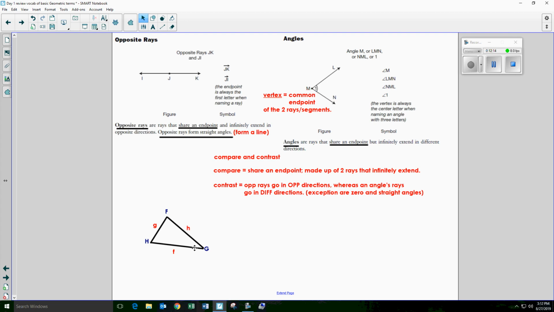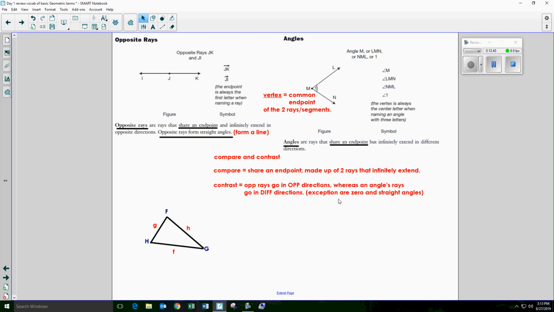This side is opposite this angle, it's called lowercase f because it's opposite capital F. Now, why is this little f associated with this angle? Because if I draw this angle right here, there's the angle. When I connect the endpoints of those two segments, it created this side. So this angle created this side. This angle created this side. This angle created this side. And that's why they have the letters associated with them as they do.